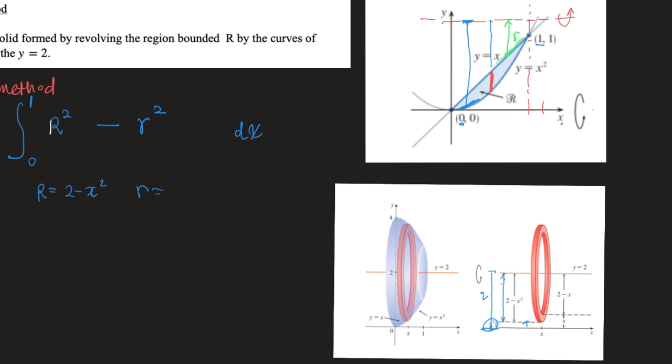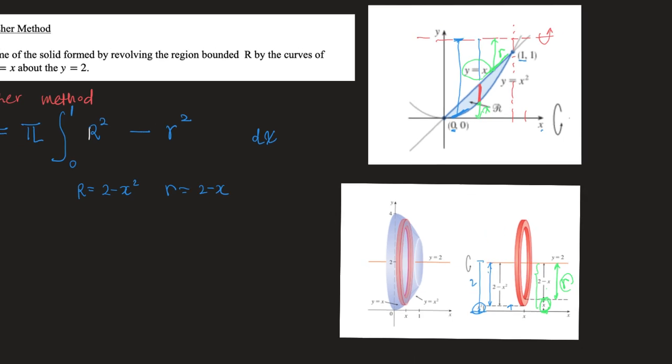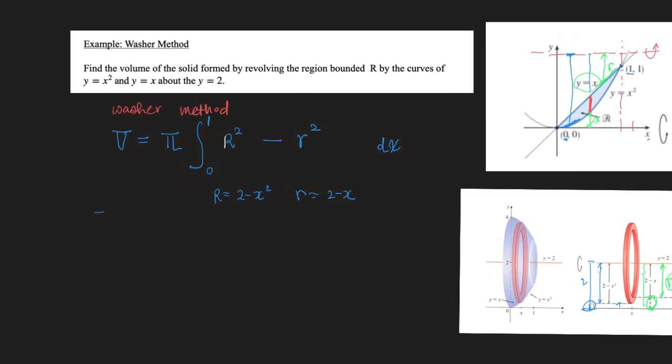This graph is y equals x. From right here to here, that's x, so the smaller radius is 2 minus x. So what do we have? Pi times the integral from 0 to 1 of (2 minus x squared) squared minus (2 minus x) squared dx. Oh, I missed the square: radius squared minus radius squared dx.